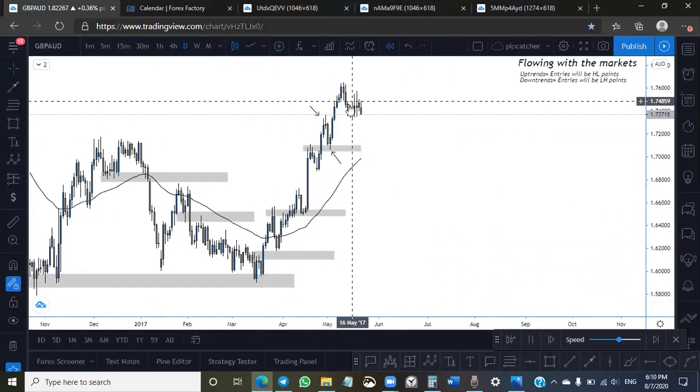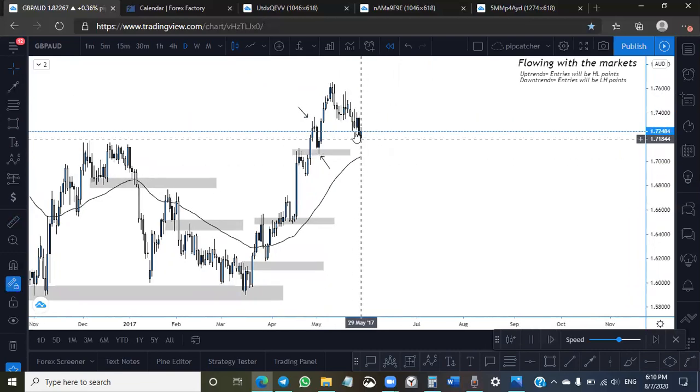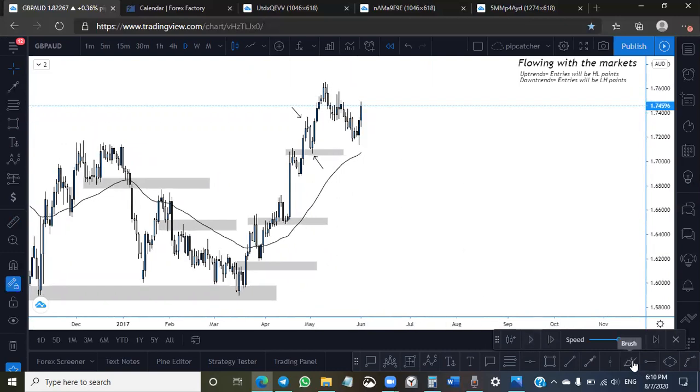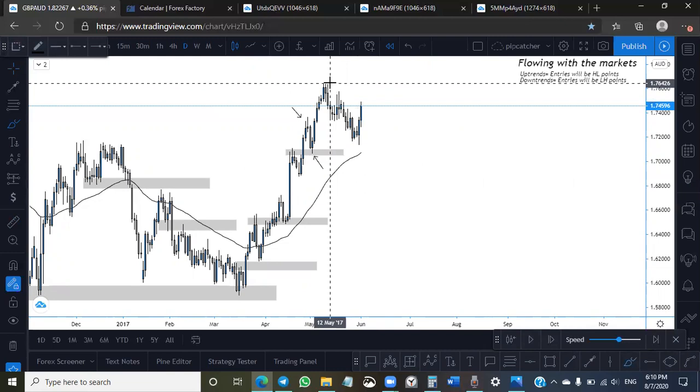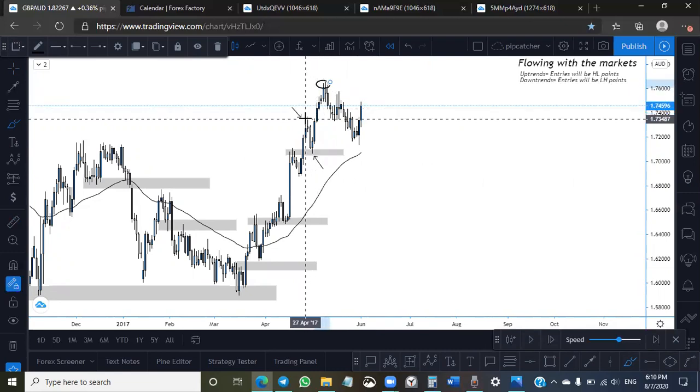Okay, so look, now let's see what happened here really quick. So the market made a high, right? A higher high because this high is higher than this one, and it created a higher low. But look what happened now.